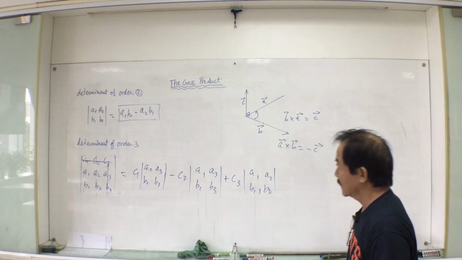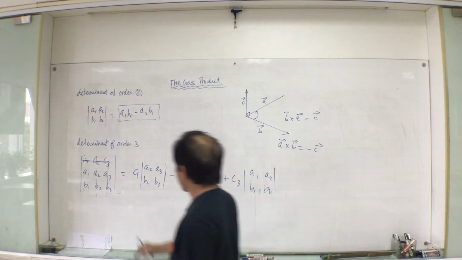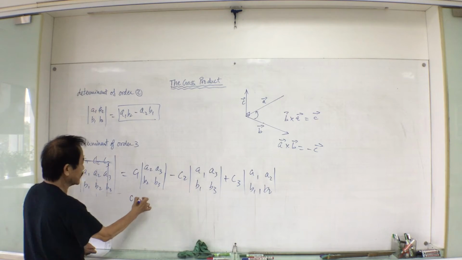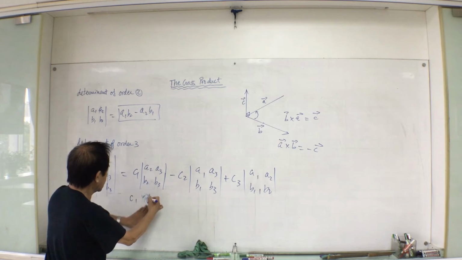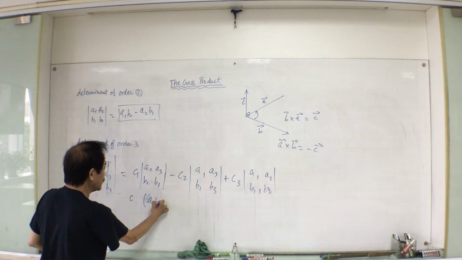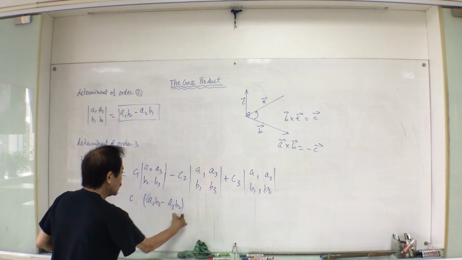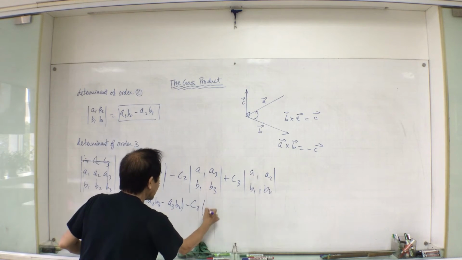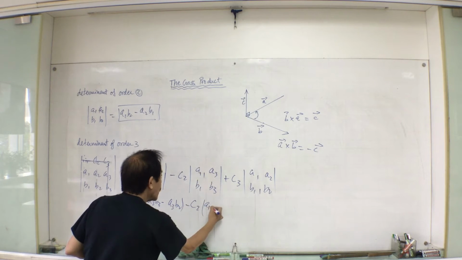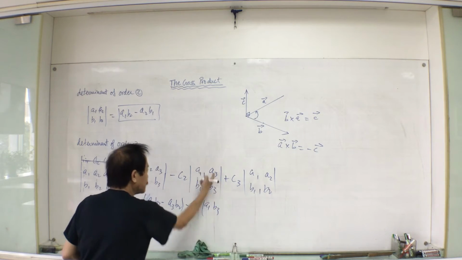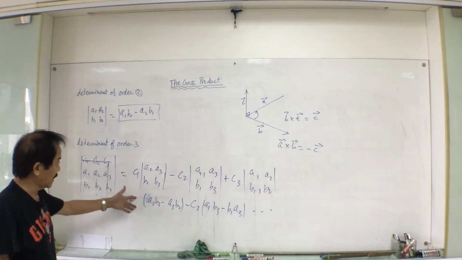Then we can apply the order 2 to find the value. So C1 times (A2 B3 minus A3 B2), minus C2 times (A1 B3 minus B1 A3), and so on and so forth. That is how to find the determinant of order 3.